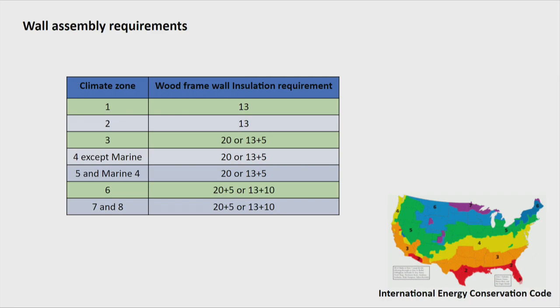Most of the country, 3 through 5, is a 2x6 wall with insulation, or you could use a 2x4 and about 1 inch of foam on the outside. So that's what's standard now. In the coldest parts of the country, it's a 2x6 wall with 1 inch of foam, or a 2x4 with a couple inches of foam. So that's kind of the standard national energy codes now.